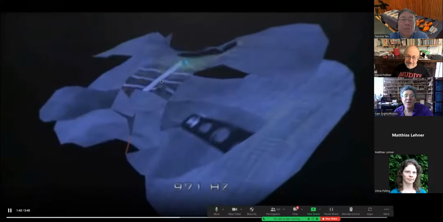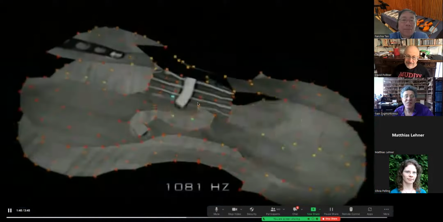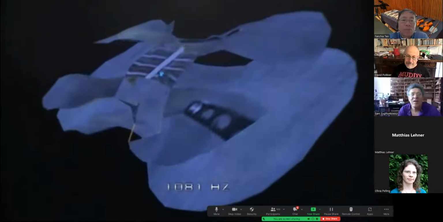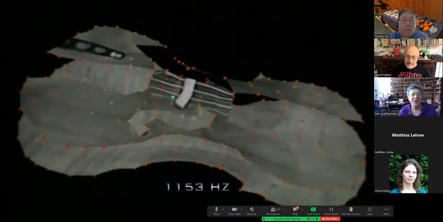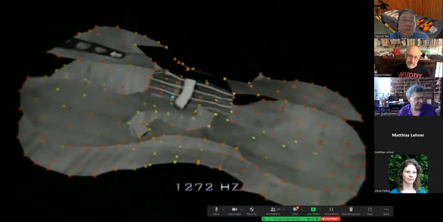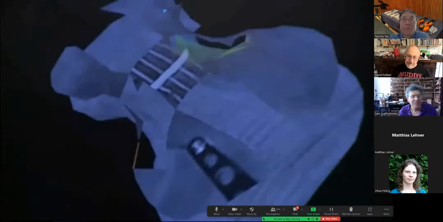The wings are getting very active. And you'll notice more different parts of the instrument are getting activated. Better move it along.